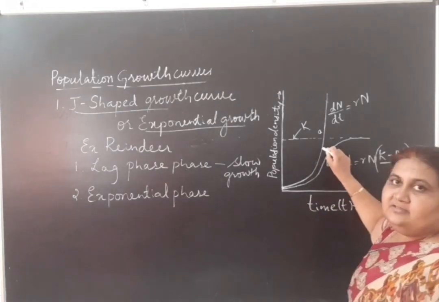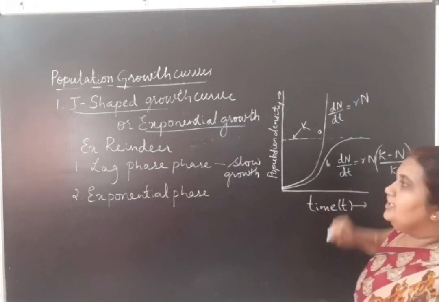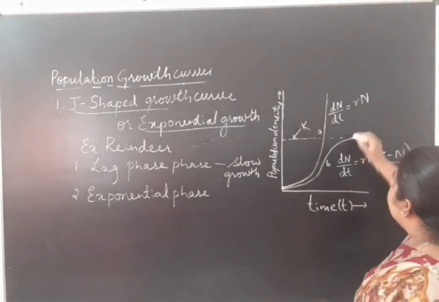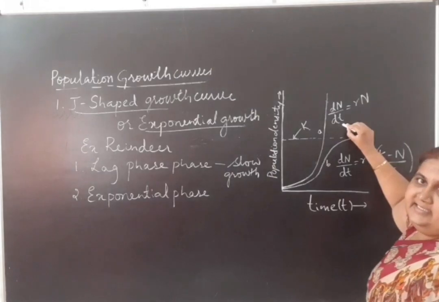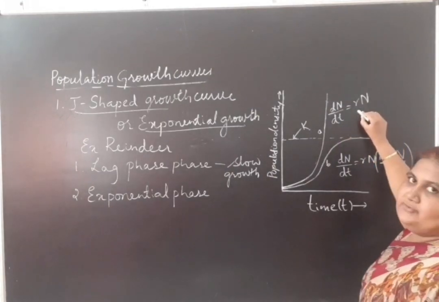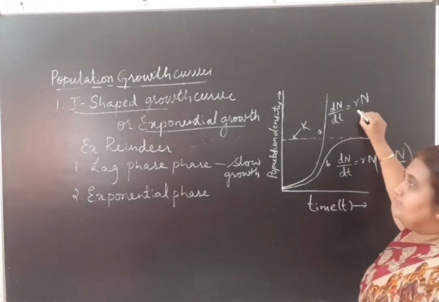The equation for the J-shaped growth curve is dN by dt is equal to rN.